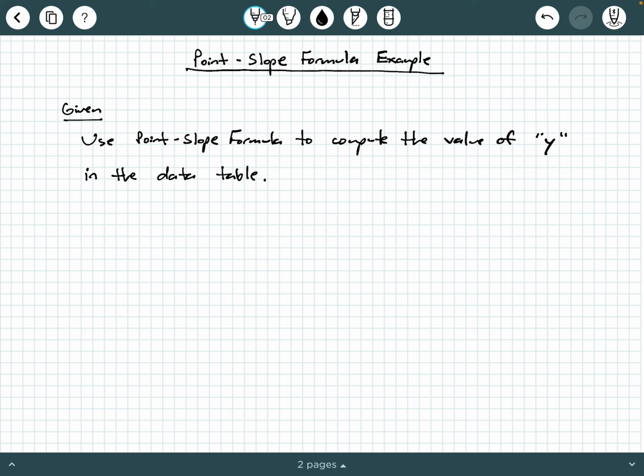So we're given this data table where we have x values and y values. I'm using capital X and capital Y here. Our x values are going to have an x value of 1 that corresponds with a y value of 2, and then an x value of 5 that corresponds with a y value of 4.